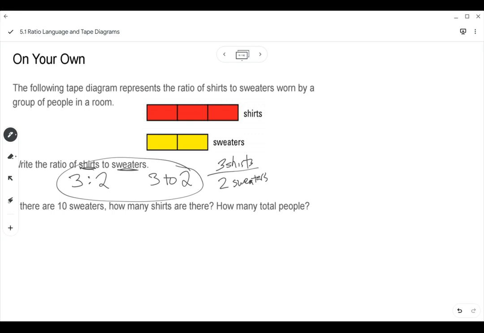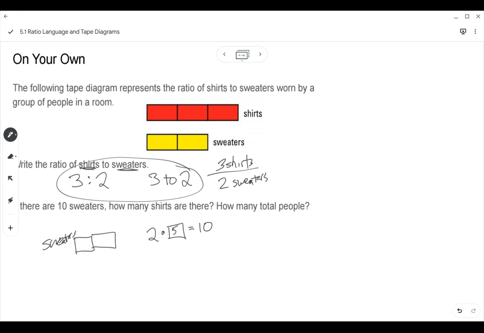If there's 10 sweaters, how many shirts are there? So if there's 10 sweaters, well, in our original recipe, we have 2 boxes for sweaters, right? 1, 2 for the sweaters. And it's saying that this amount is going to equal 10. So 2 times what's going to go in the box makes 10.